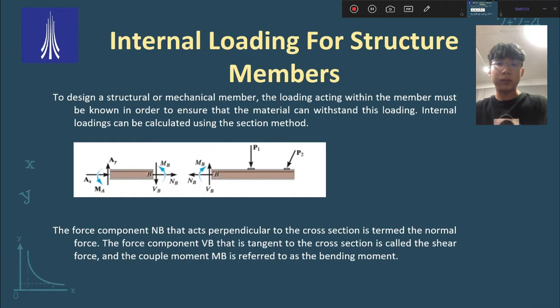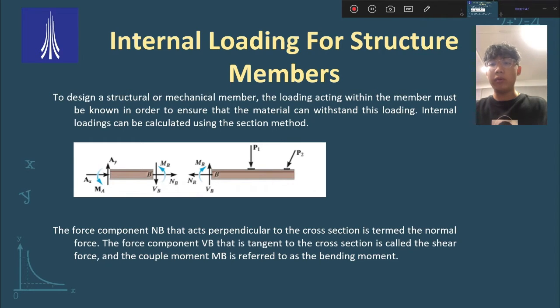It is also said that the force component NB, as you have seen in the picture, that acts perpendicular to the cross section is termed the normal force. So you have to keep in mind that NB is the normal force and it is perpendicular to the cross section.